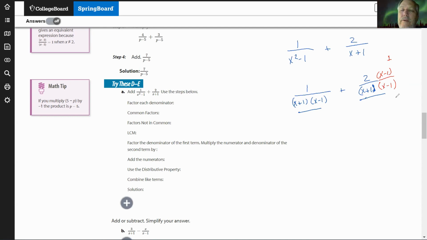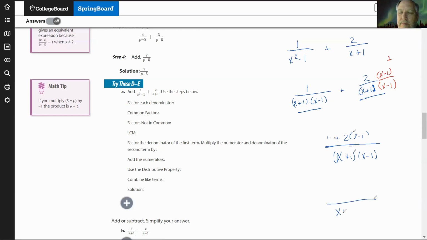And so now I know my greatest common denominator is going to be x plus 1, x minus 1. And then I'm just going to add everything across the top. So it's going to be 1 plus 2 times x minus 1. And then, of course, using the distributive property, we'll go ahead and write it out.